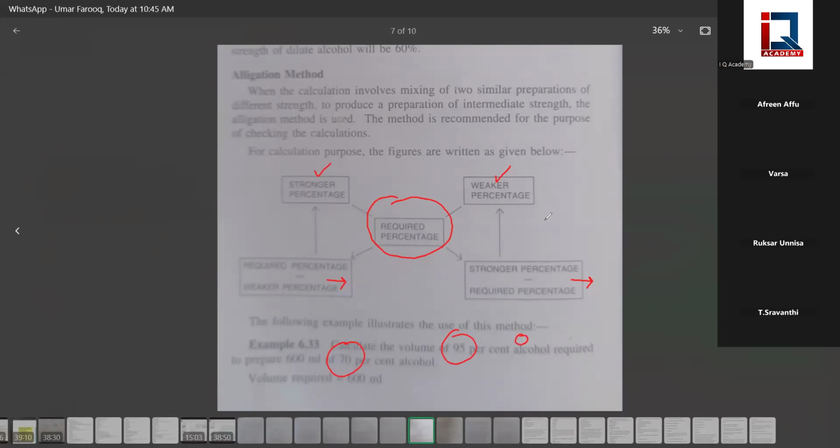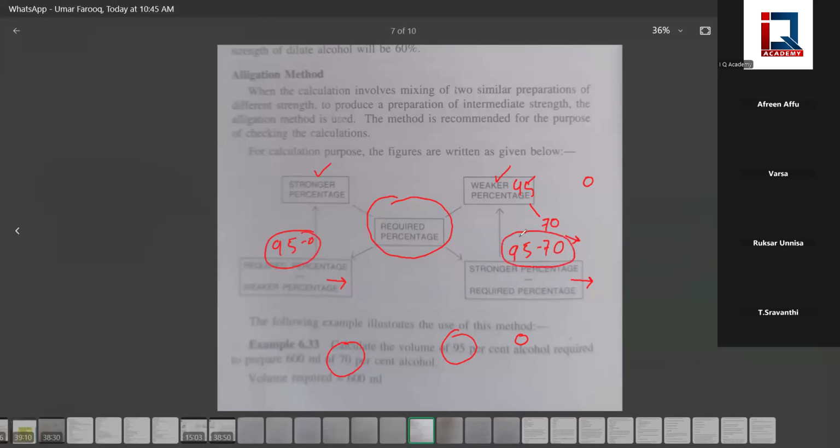So how will we prepare this? We will write: required is 70%, weaker is 0, stronger is 95. Now here we take stronger minus required, that is 95 minus 70, and here required minus weaker, that is 70 minus 0.